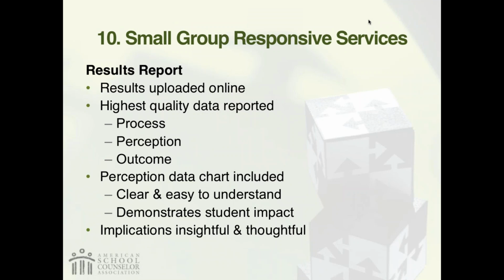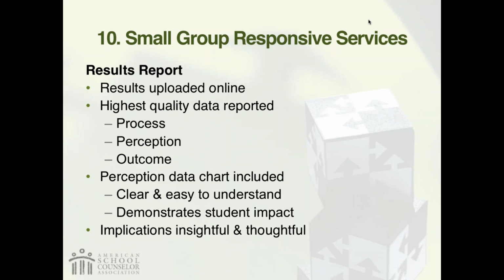So the results report, again, is like the core curriculum results report. The same pieces are required. These are uploaded online, and you want the highest quality data reported here. You're going to give the information around process, perception, and outcome. You're going to include a data chart about your perception that's clear and easy to understand and quickly and effectively demonstrates that students changed.